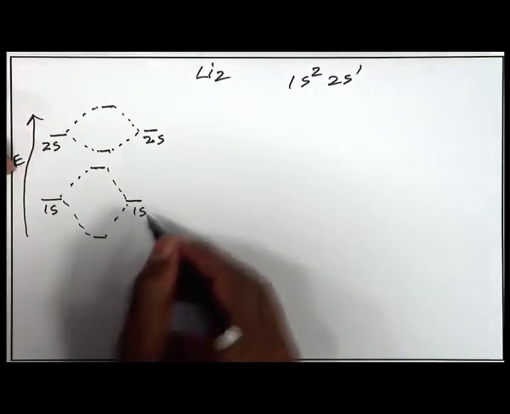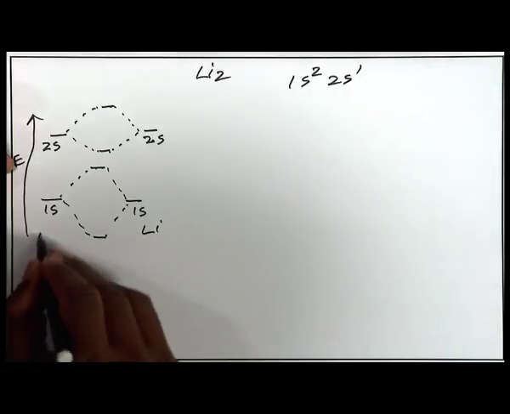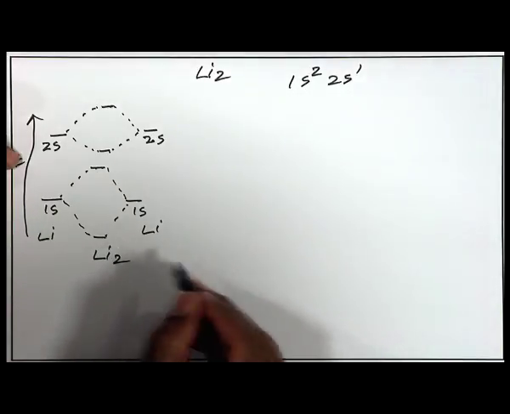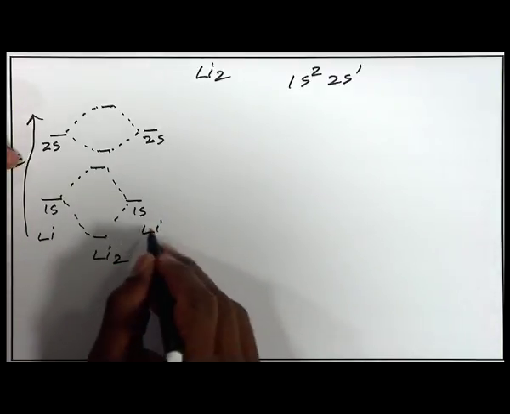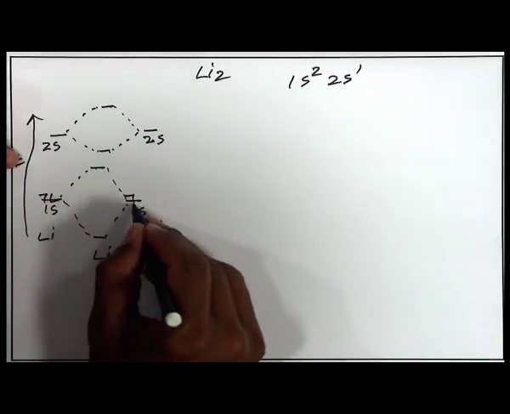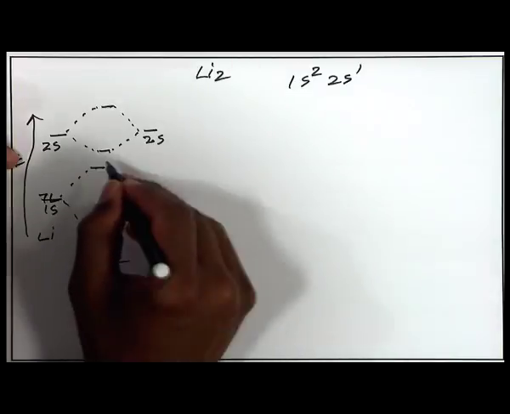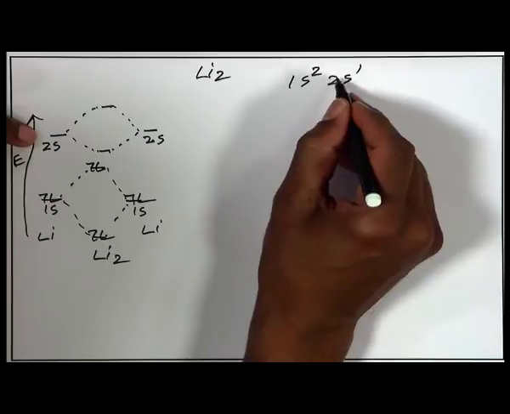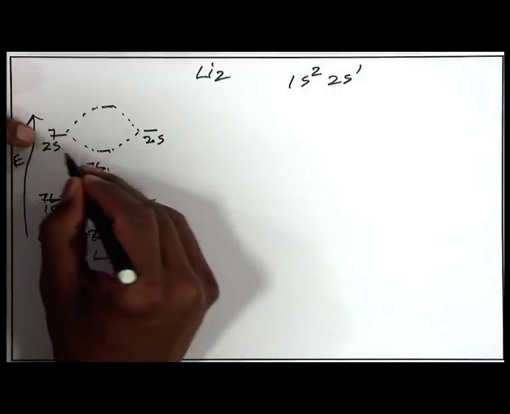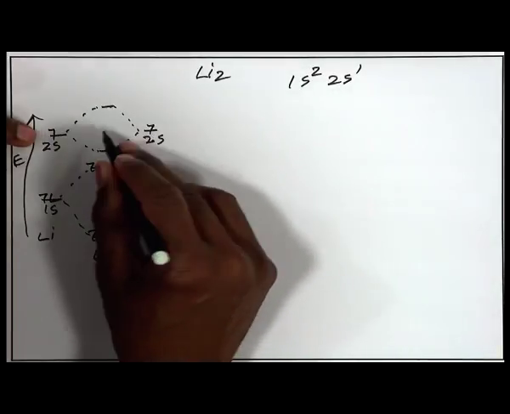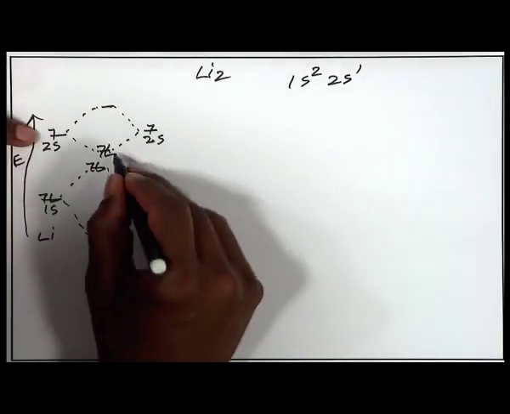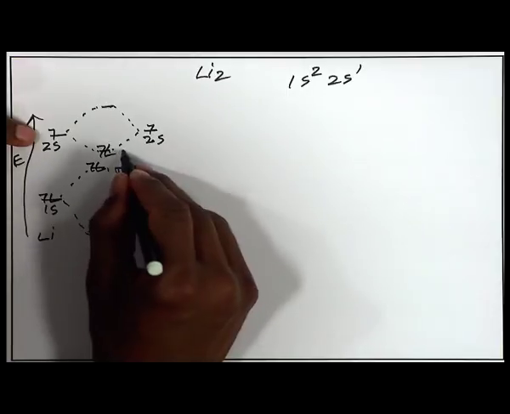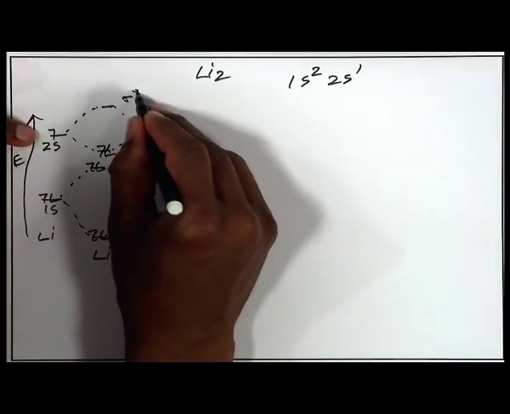So, this is one lithium atom, this is another lithium atom. You have the Li2 molecule formed between them. Now it has 2 electrons here, 2 electrons here, both will go here, another 2 will go here. Now there is 1 electron here, 1 electron here, and both will go to the bonding molecular orbital. So, this is sigma, sigma star, this is sigma, sigma star.